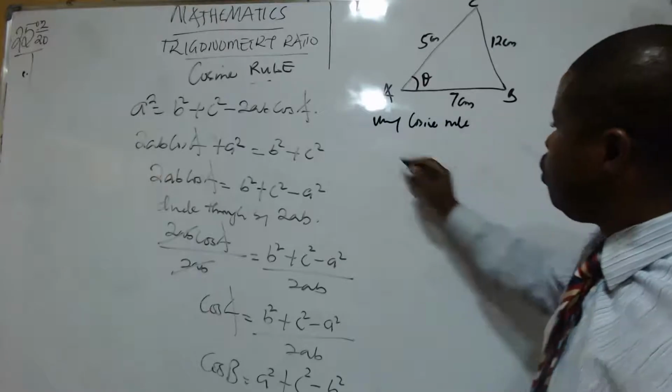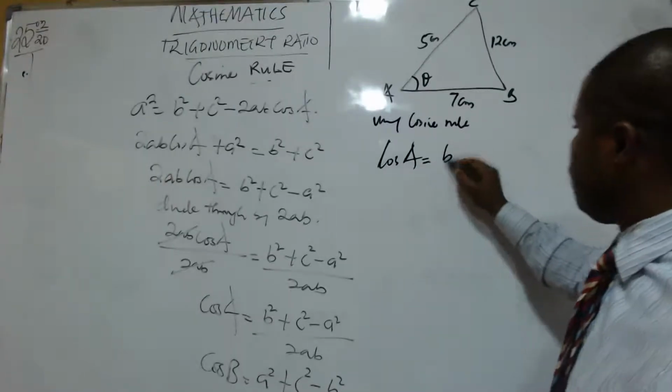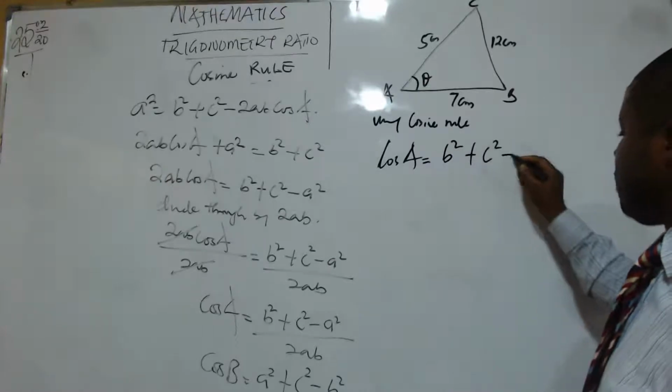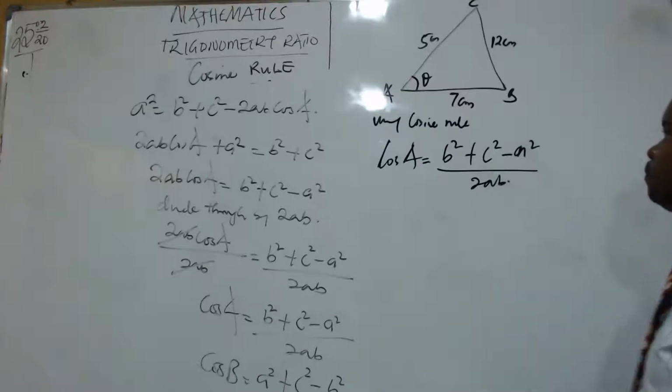So, therefore, using cosine rule, that means we are going to have cos A now equals B square plus C square minus A square over 2AB.